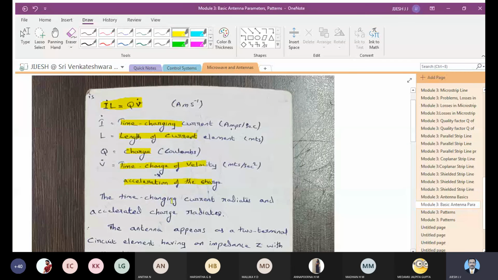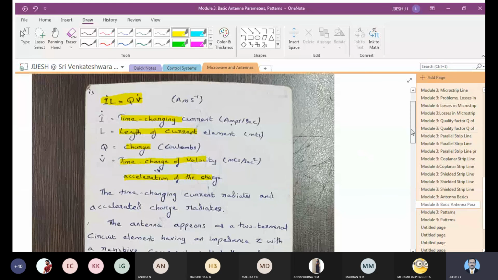So the time changing current radiates, and accelerated charge radiates. The electromagnetic waves will be sent out, so you'll have some radiation, and using a few equations you can calculate those things.